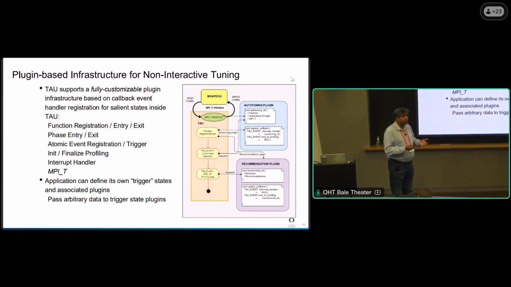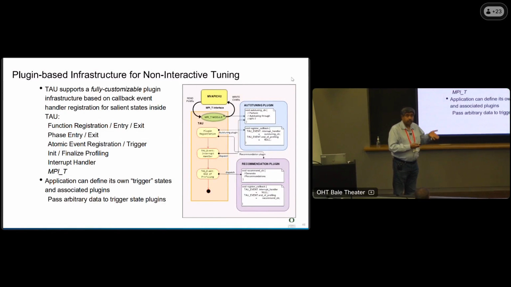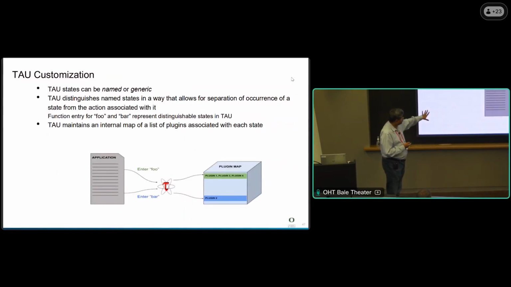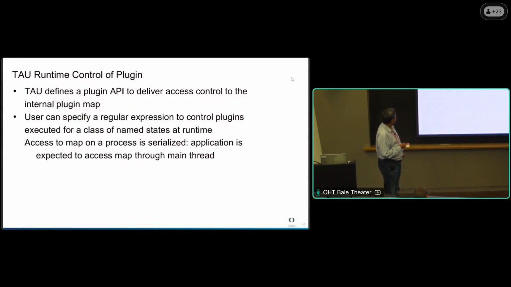So you don't have to write your new tool from scratch. You could just create a TAU plugin and access all the information about GPU runtimes, MPI, I/O, and memory events. So you could create a new tool very easily using this plugin architecture, and then interface with your application. And you can have multiple plugins as well.